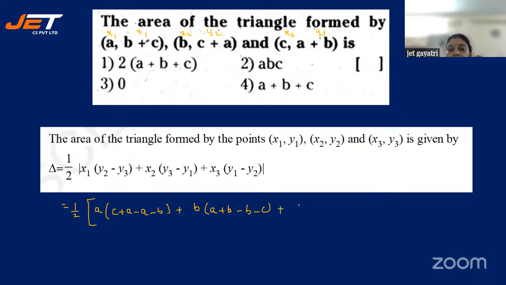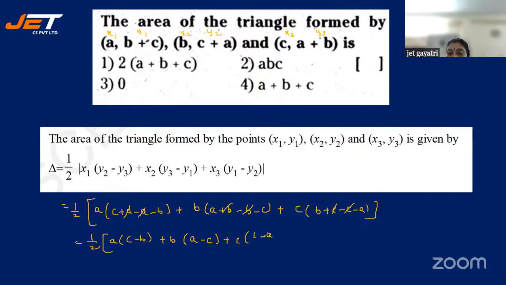Plus what is x3, c into what is y1, b plus c, and what is y2, minus c minus a. Okay. So it becomes half into plus a minus a gets cancelled, whereby you have a into c minus b plus b into minus b plus b gets cancelled. You get a minus c plus c, so plus c minus c gets cancelled. You get b minus a.